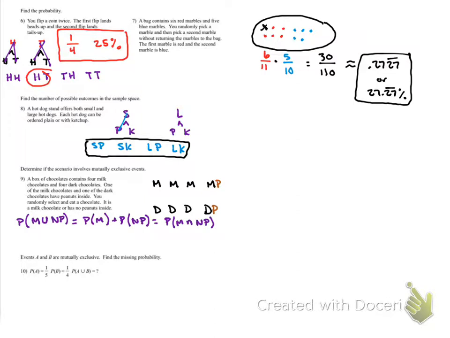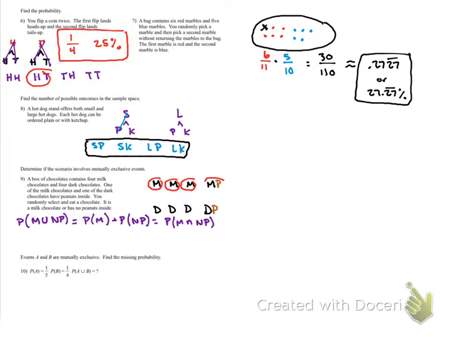Okay, so we can start filling this out. We can use fractions or decimals. I think decimals are always easier to use. Let's look at this first one. Probability of milk chocolate or no peanuts. Here are our milk chocolates, 1, 2, 3, and because of that no peanuts, we can't use this one.